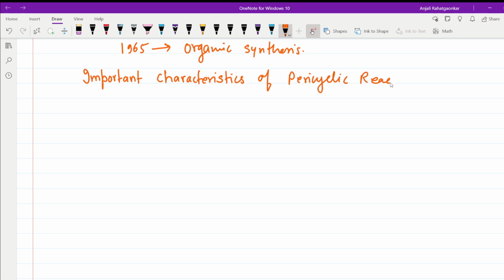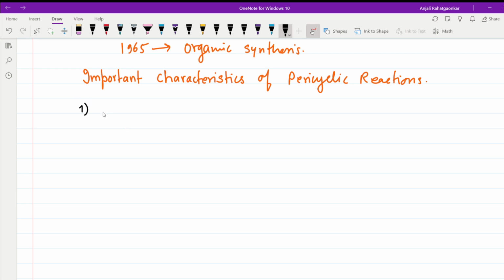They are extremely important, because if you know all these characteristics, then you can easily solve the problems, and you can also work out the mechanisms of pericyclic reactions.